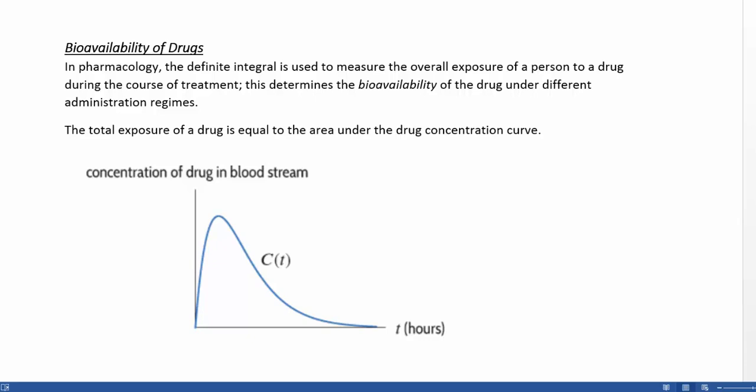Now, like I said, not all drugs are troublesome. There are some drugs where exposure to the ingredients is not a big deal, but you can think about some cases where you'd want to minimize the exposure to certain ingredients. So let's look at just a couple quick examples of how this is used and what sort of information we can get by looking at area under the curve and comparing different types of functions here.